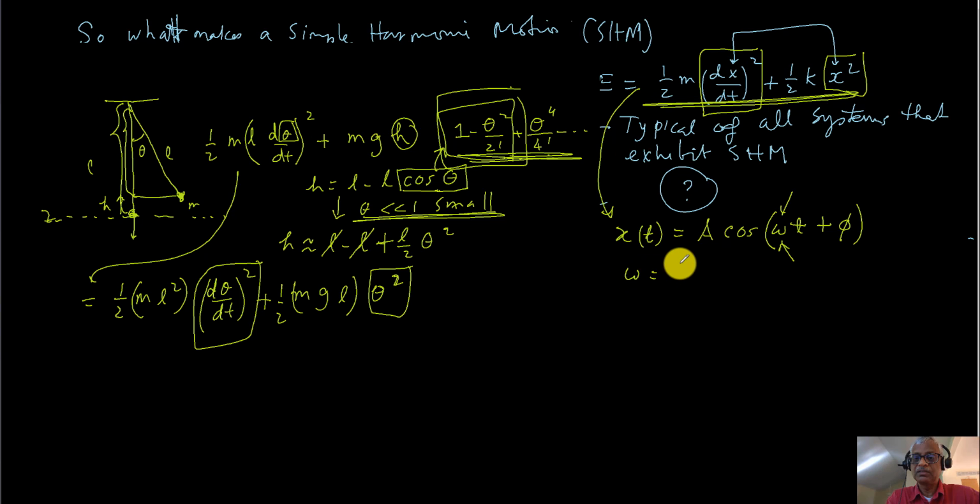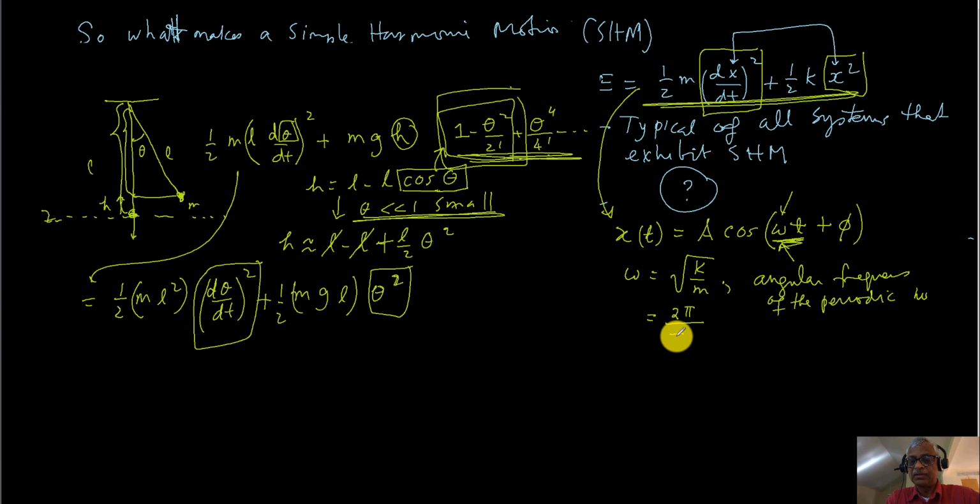Omega is equal to the square root of k over m, and this is the angular frequency of the periodic motion. This is a periodic function, and from here you can relate to the period: omega is 2 pi over T, where T is the period.